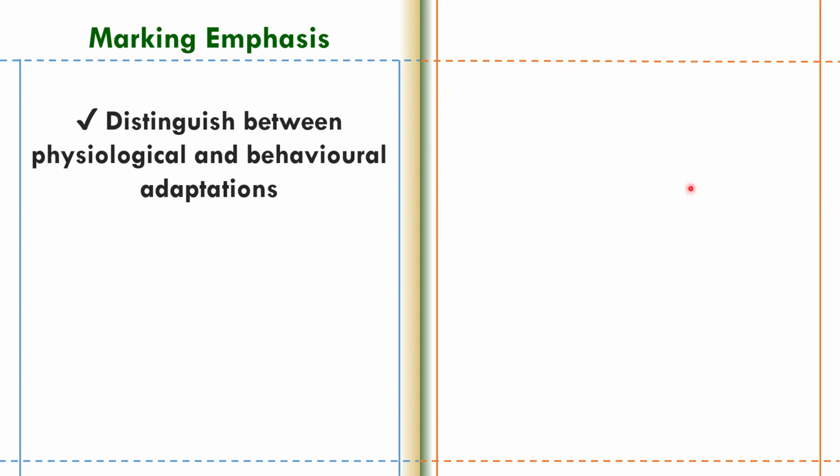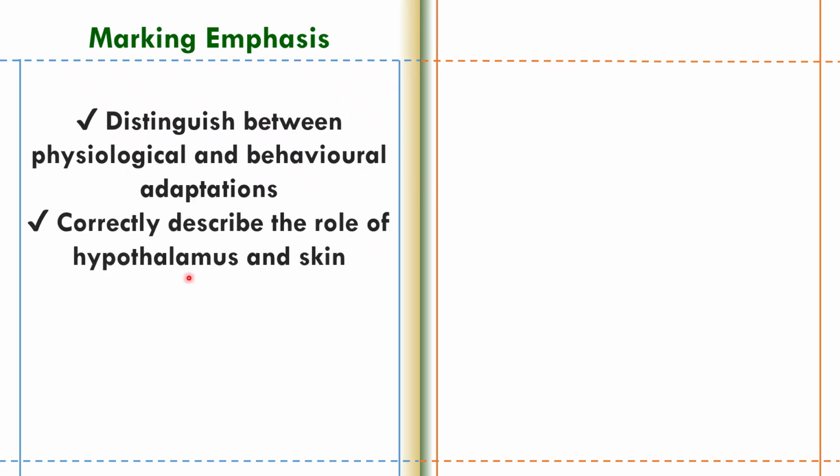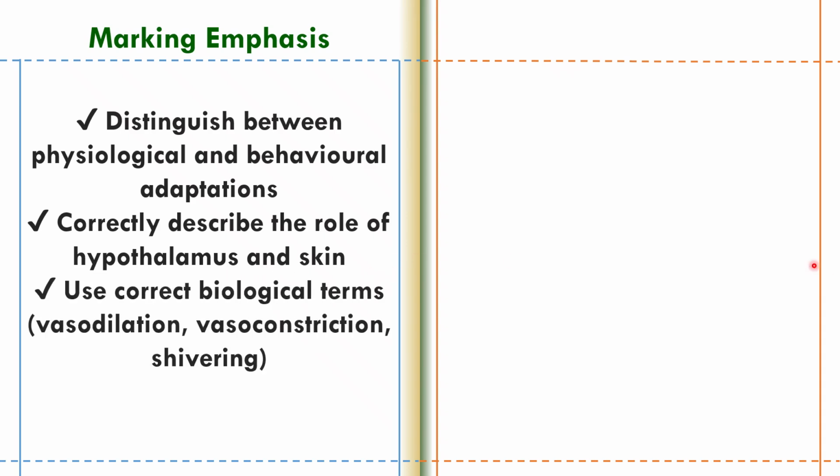Marking emphasis. Distinguish between physiological and behavioral adaptations. Correctly describe the role of the hypothalamus and skin. Use correct biological terms: vasodilation, vasoconstriction, shivering.